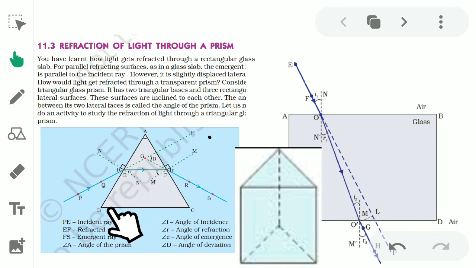Now see the figure. PE is the incident ray, then EF is the refracted ray, FS is the emergent ray, then capital D is the angle of deviation, and the extended ray you can see here.